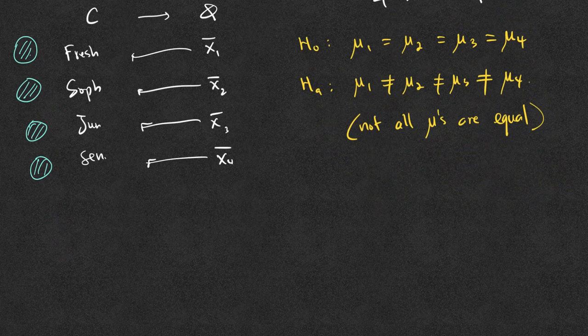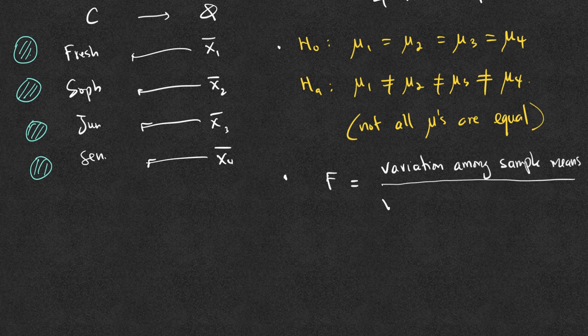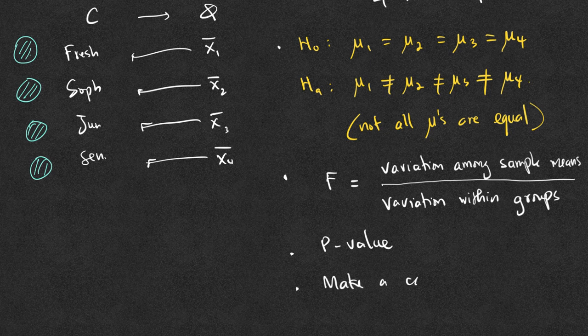In the second step of the ANOVA F-test, we compute the F-test statistic, where F equals the variation among the sample means divided by the variation within the groups. The F-test statistic is a ratio. We will go over the specifics in an example where we compute the F-test statistic, but the next step is to compute the p-value, compare this to the significance level, and then lastly, we draw a conclusion.